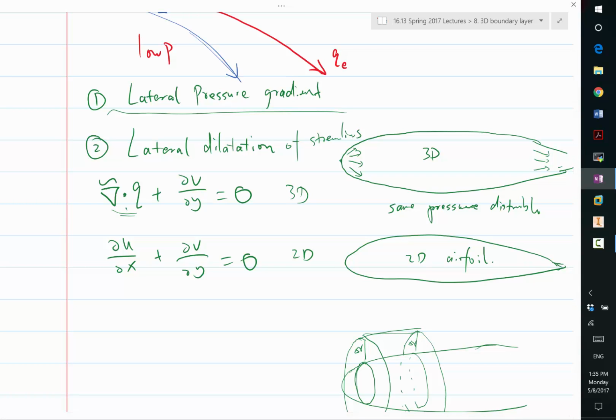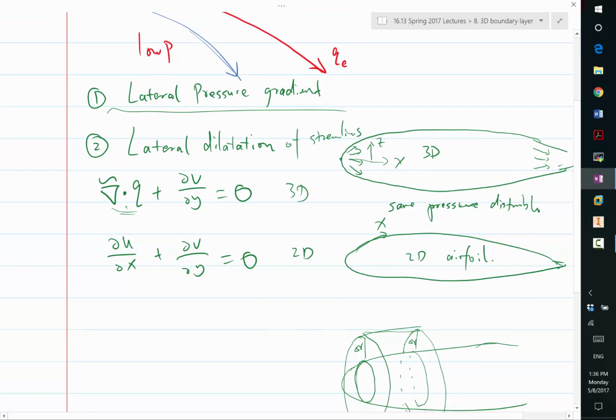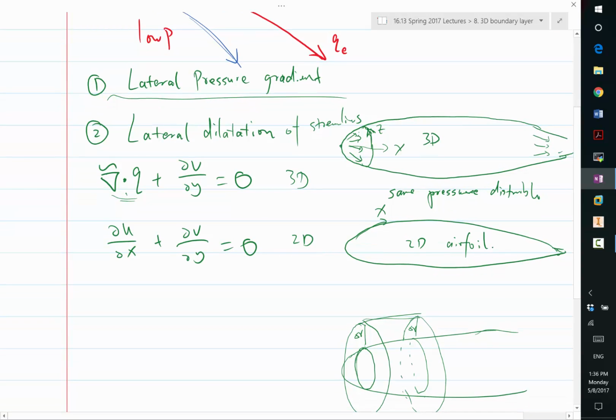So if you think of the x direction as going downstream in both cases, the z direction would be that way. Circumferential. Yeah, the z direction is circumferential.